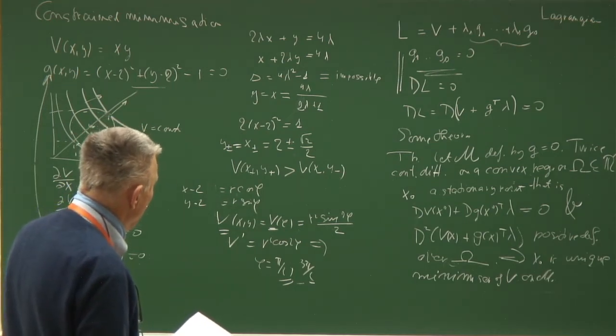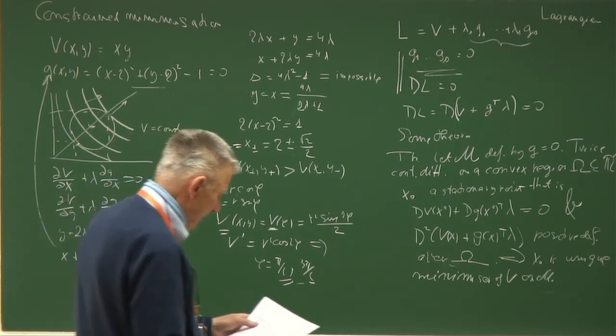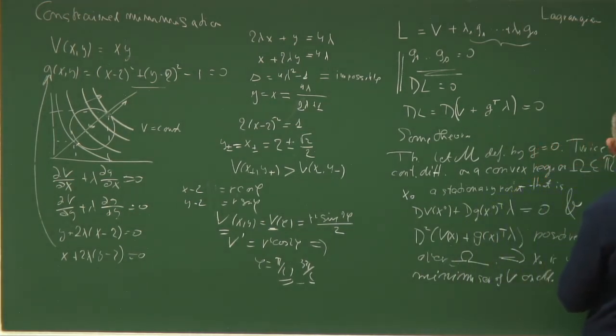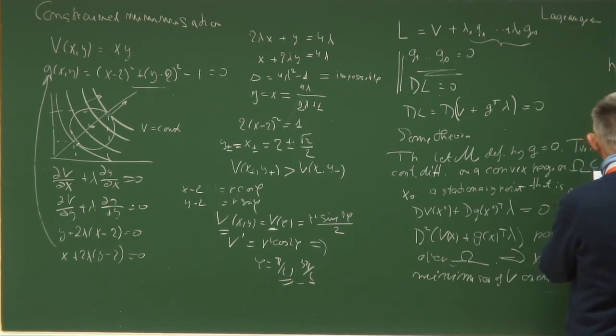As you will see, the proof is extremely simple. First of all, consider the function h of x being equal to v of x plus, now I changed the name, it's just the Lagrangian, g of x.